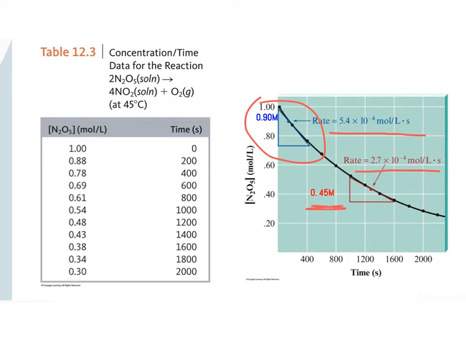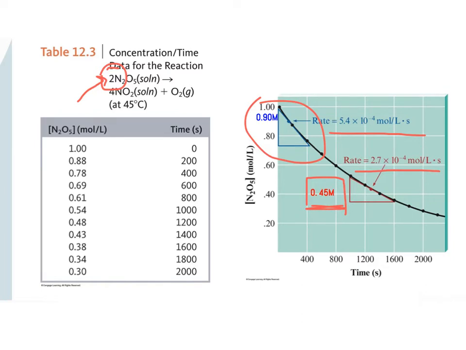Then when we went down to 0.45, the rate is now lower since our reactant has been used up. So the question to think about is how does the rate relate to that concentration change? Because there's this 2 here, but does that 2 have any significance in the relationship between the rate and the concentration?